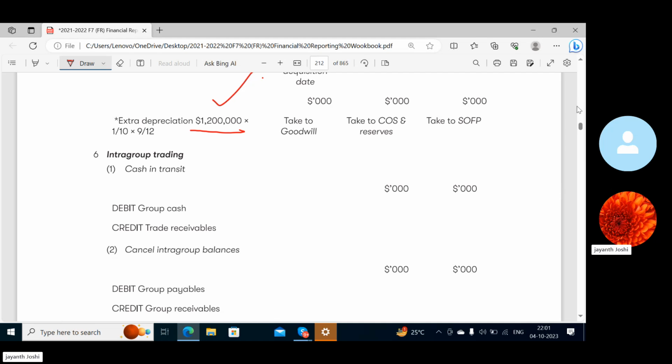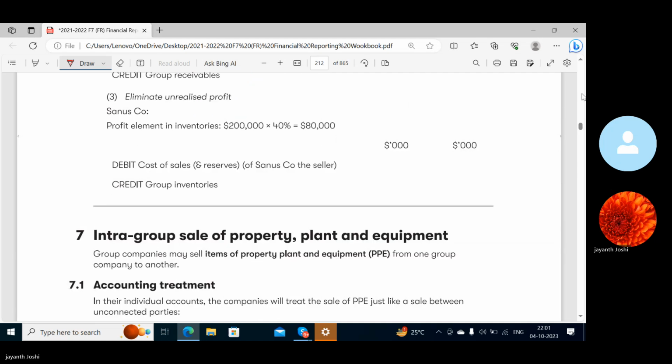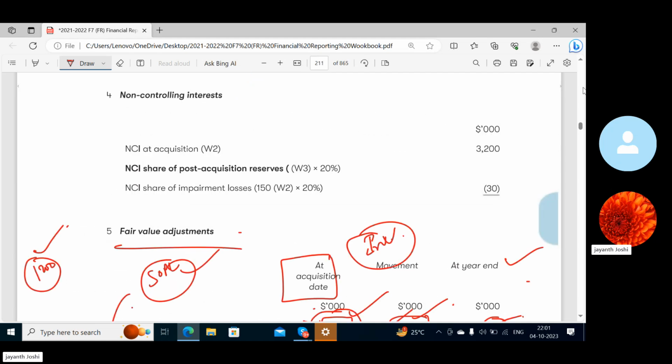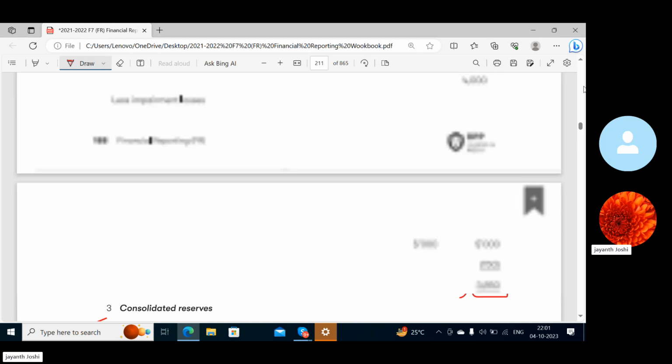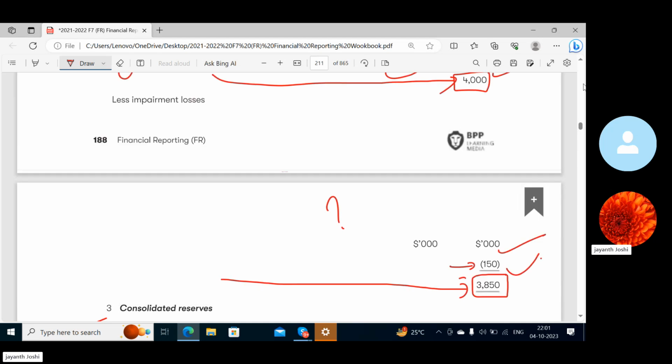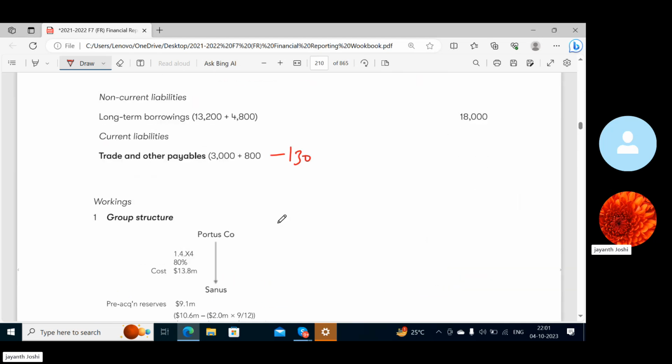I think we need to calculate the reserves amount right now, so we will do that here. Consolidated reserves: we'll take parent and subsidiary. As per the question, 54,100 is the parent's reserves and 10,600 is the subsidiary's reserves. We already did this.